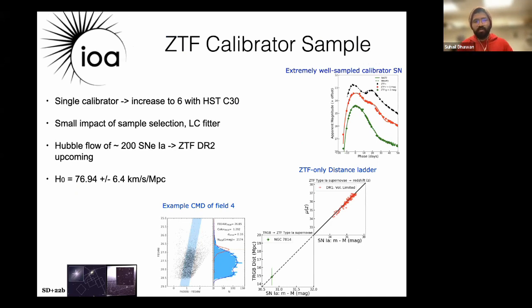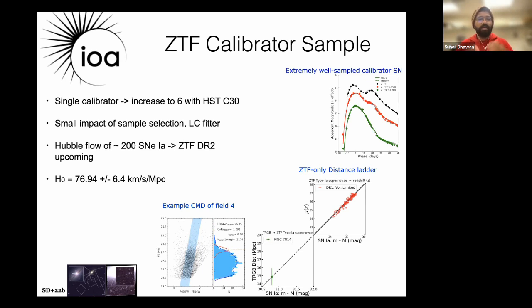And what we wanted to do, this is the study from earlier last year, we looked at how many of the calibrator type 1a supernovae, which are within a small nearby volume of 20 megaparsec, actually have HST data. We looked at what would be the impact of sample selection, so looking at different redshift cuts for the Hubble flow, as well as the light curve fitter. And we find that that is a significantly sub-sigma impact.